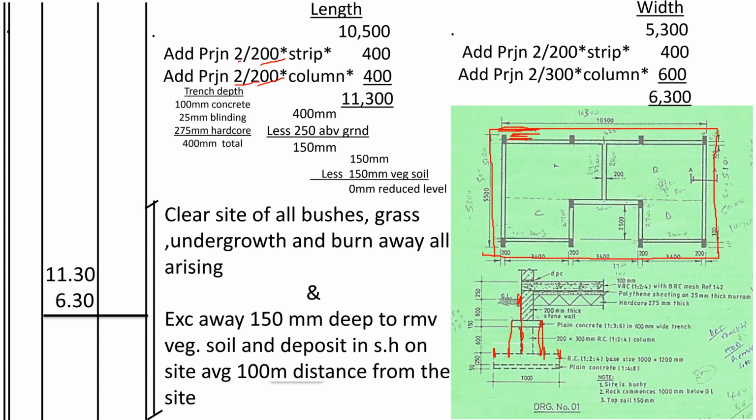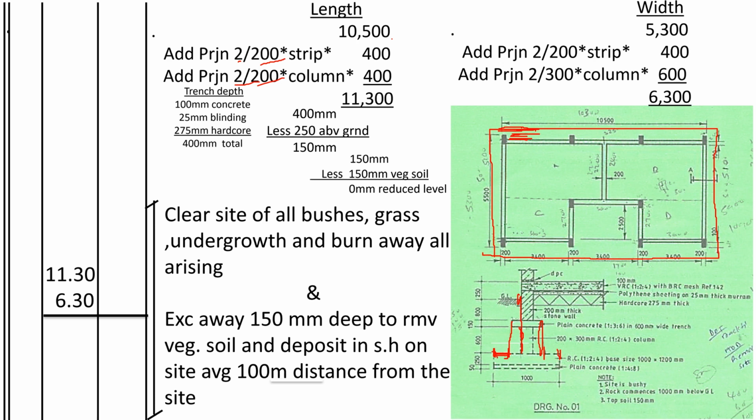Or you can do as I have done here. The length is 10,500. Then the projection for the strip is 200 on both sides. Then you will just come and find the projection for the column base here. You shall take 1,000 minus 600 for the foundation strip. 1,000 minus 600 is 400. 400 divided by 2 is 200.